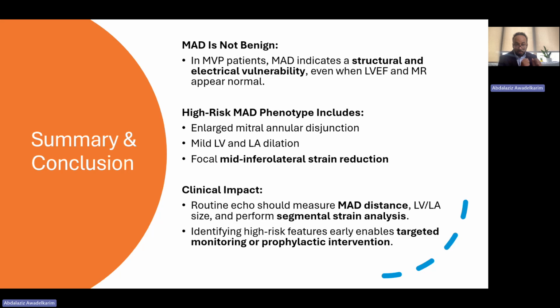Clinical impact: do routine echo, get a correct assessment of the MAD distance, do segmental strain, because global strain is not sufficient, and do targeted monitoring. We can even suggest prophylactic intervention in people who have these criteria we found in our research.